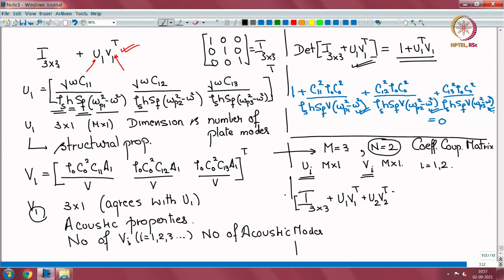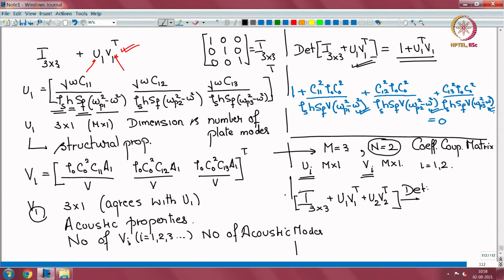That is how the matrix looks, very simple. Now, the next level is I want the determinant of this. We have to compute the determinant of this matrix.